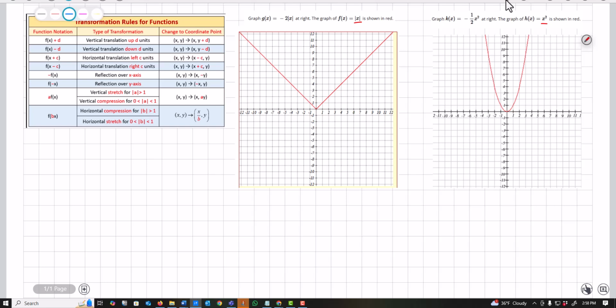So now notice this value outside is outside the function. So that's saying your x value stays the same, but then your y value is going to become -2 times what it was. So if I look here, if I'm at this point 1, now I can see that that is actually going to become -2, okay, because I multiplied by 2.